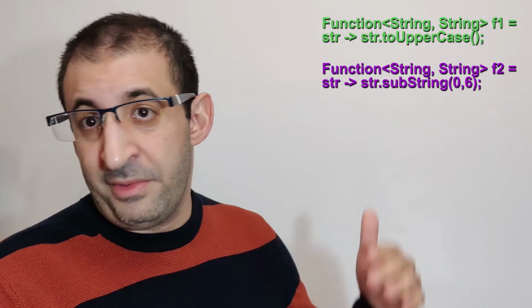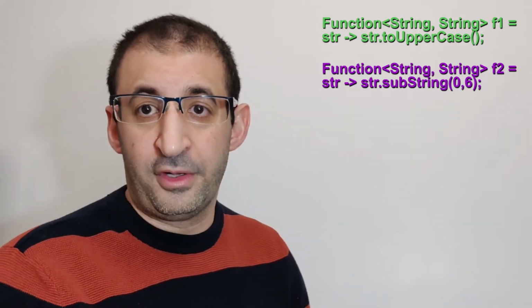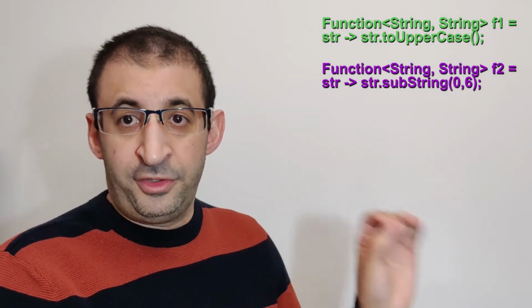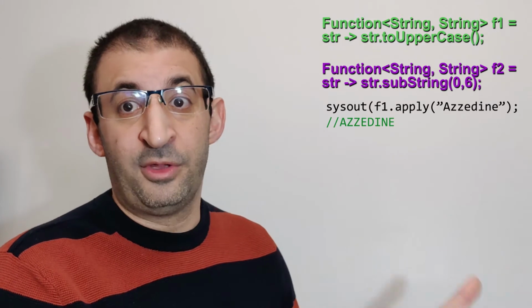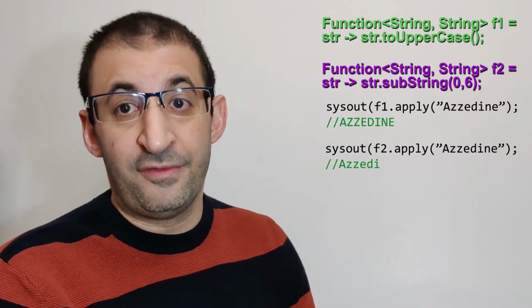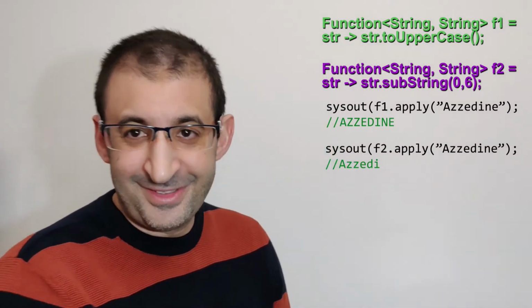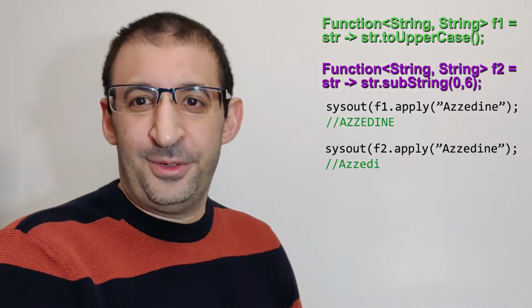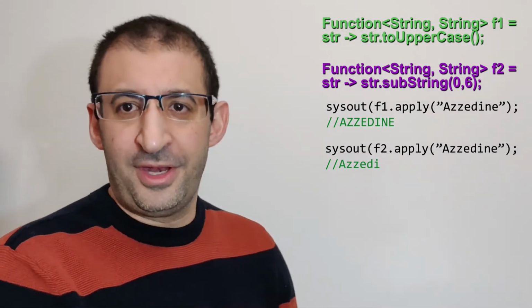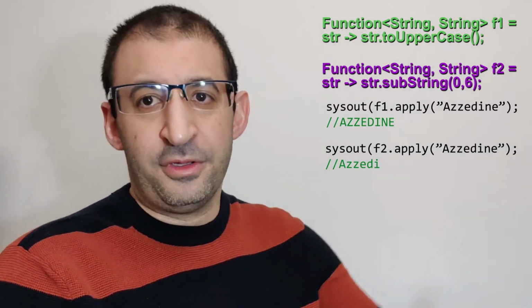Now if I make System.out.println of f1.apply for asdin, I get asdin in uppercase. And if I make System.out.println f2.apply for asdin, what do I get? Asdin cut to asdin's first six characters. I will show you of course when I execute the code, don't worry.